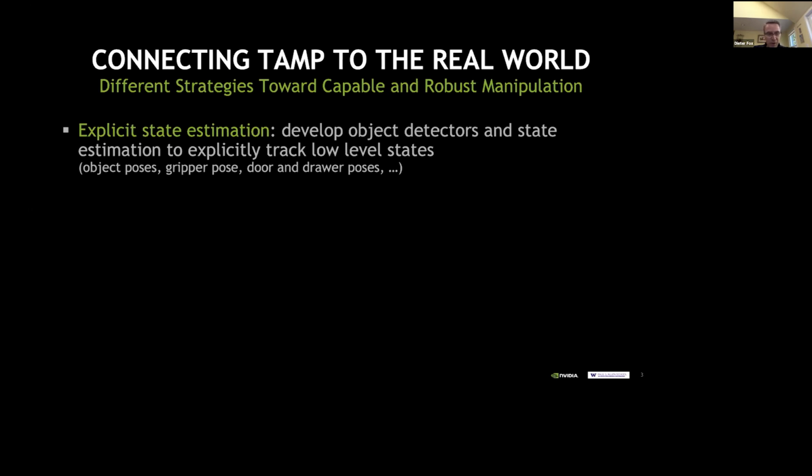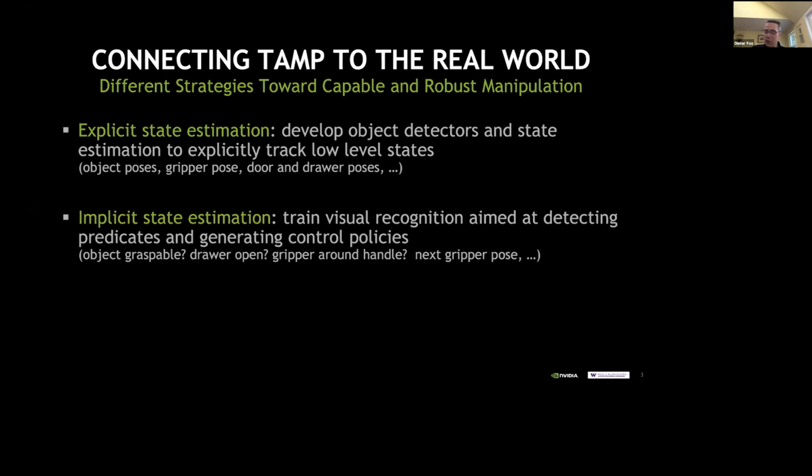The second line of work was then trying to not focus so much on this explicit state estimation, meaning that, for example, maybe we don't even need to ever estimate the 6D pose of an object in order to manipulate it. So this brings up the line of work that I might call implicit state estimation, where we're actually training visual recognition systems with supervision coming from task and motion planning systems, such that they solely focus on detecting the kind of logical predicates that a task and motion planning system actually cares about, because it doesn't care about the 6D pose possibly, right?